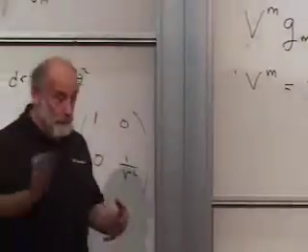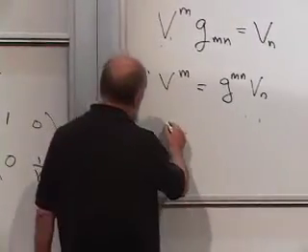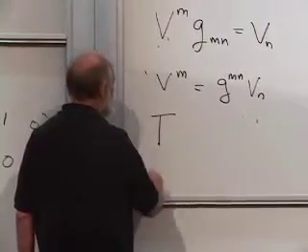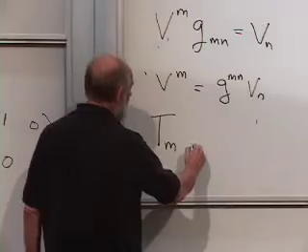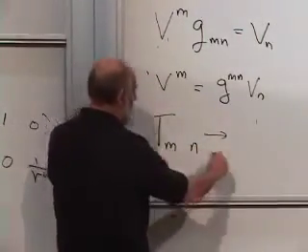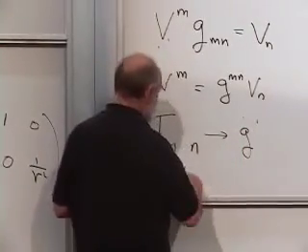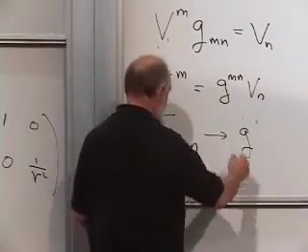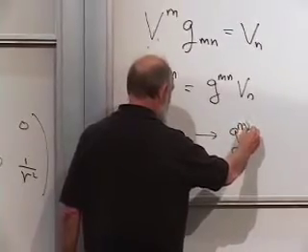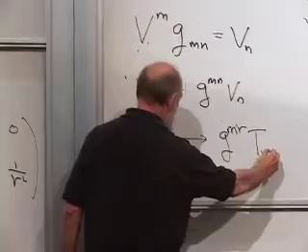Keep track of which ones you've lowered and which ones you've raised. For example, if I have a general tensor Tmn, I can raise the index m. How would I do that? I would multiply it by Gmr Trn.